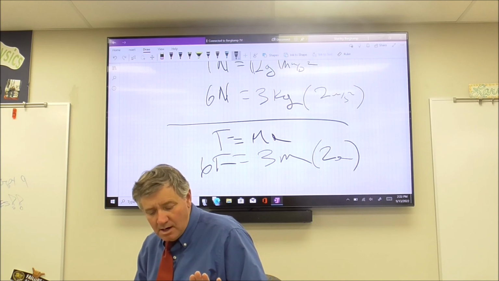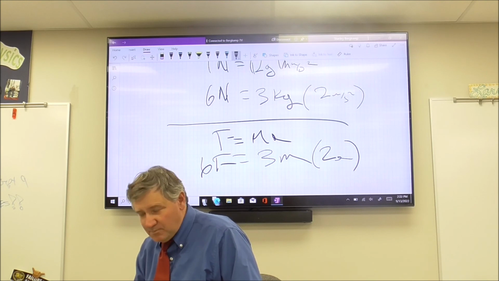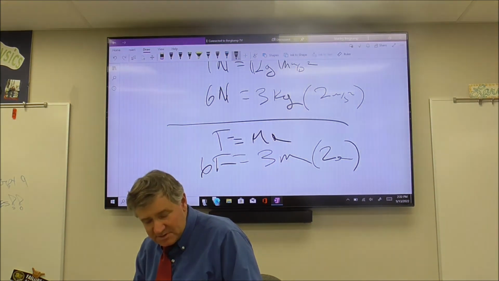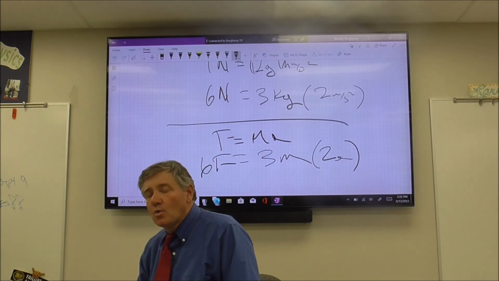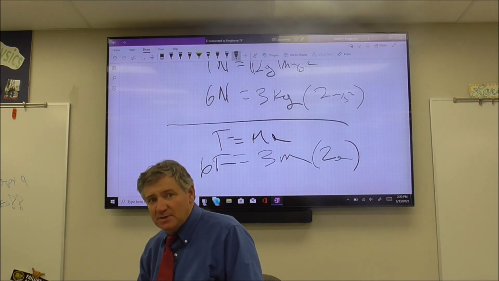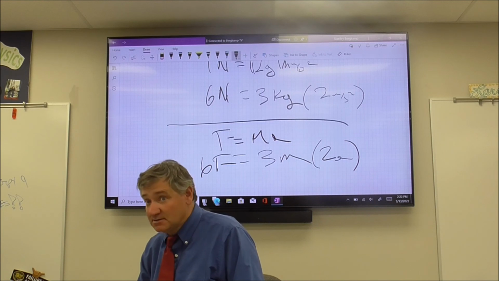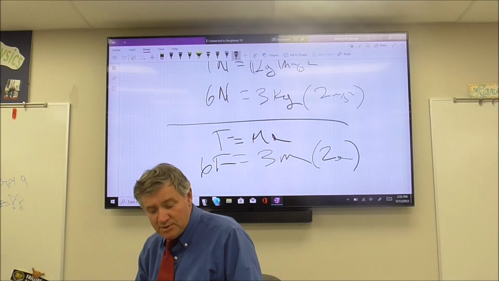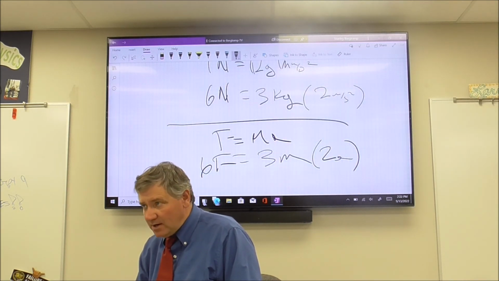Now, on problem number 1, I want to reinforce this idea. When I am talking weight, weight is a measure of force based upon a gravitational field, and that's going to be in newtons. If I want mass, I'm going to say mass, and that's going to be in kilograms. So on problem number 1, when I say compute the weight of the following on Earth, I want a value in newtons.